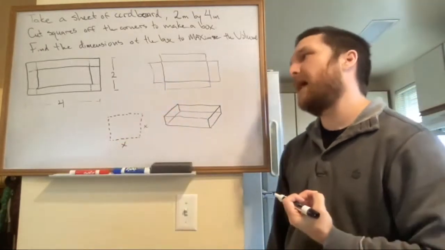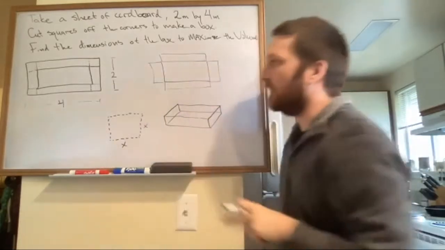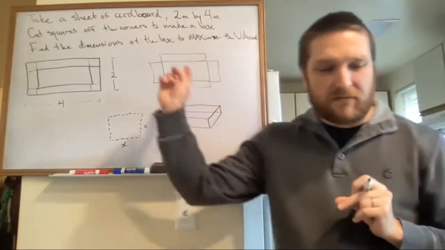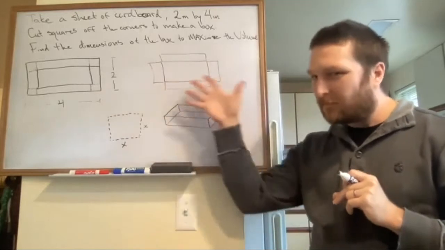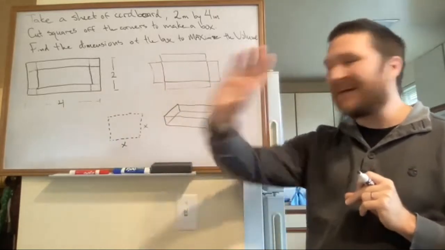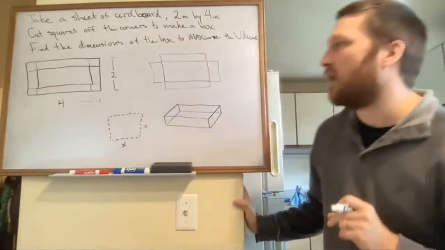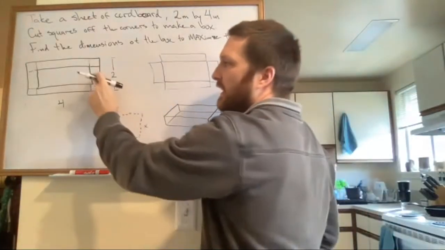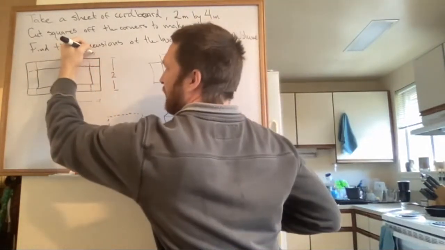So I say we use X. I'm still on step 1, still drawing a picture. I've gone a little bit beyond, but I want to get my picture done before we move on to anything else. So right now, this length from there to there is X.